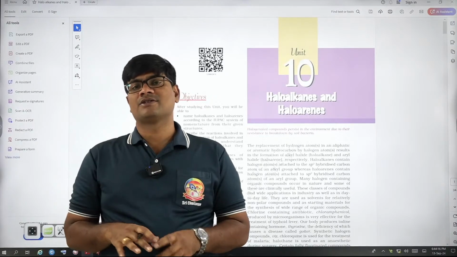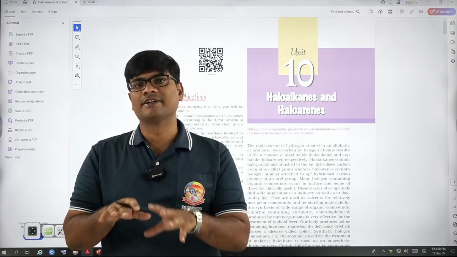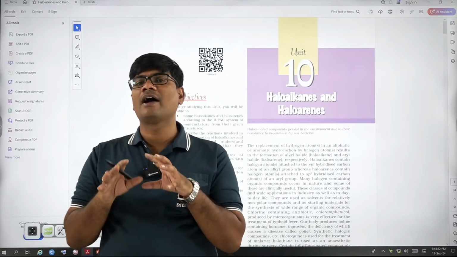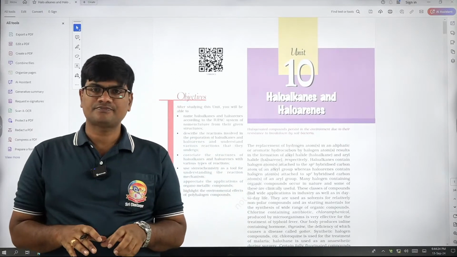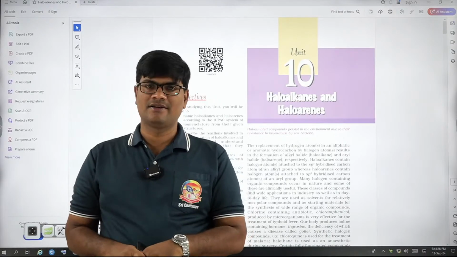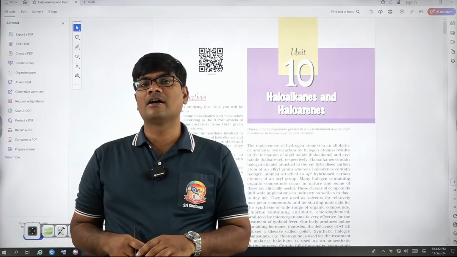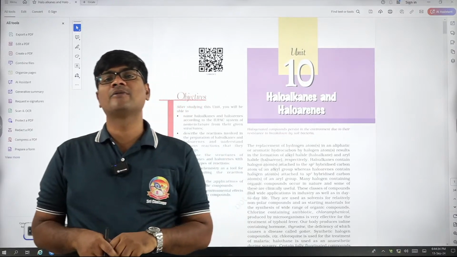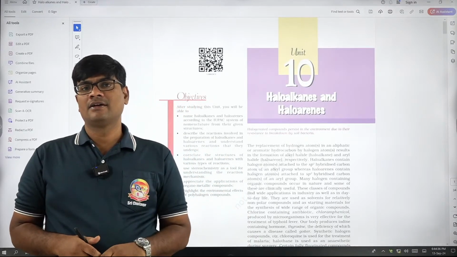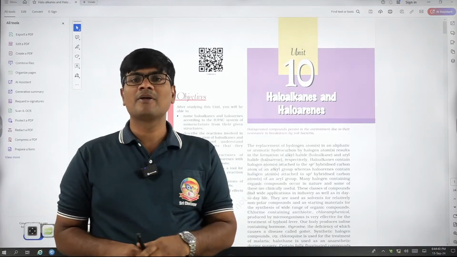We frame the questions from the NCERT lines only. So I strongly suggest you focus only on NCERT reactions, line to line, not a single point more. And you can also do the in-text problems and exercises in NCERT.